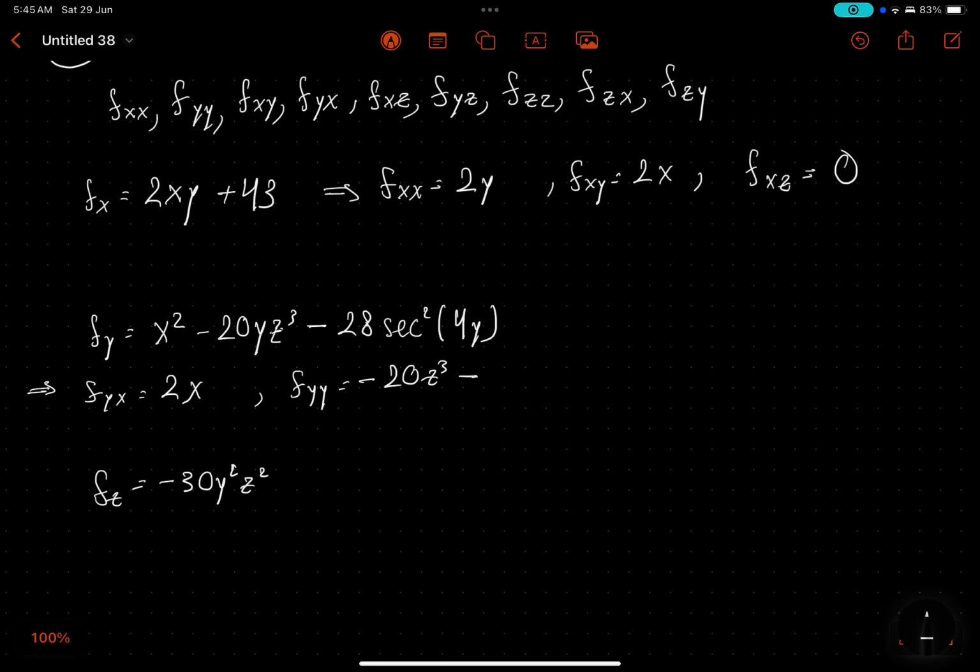minus, of course we apply the chain rule, so 4 times 28, I'll use my calculator, 112, and then we multiply by 2 secant squared 4y tan 4y.